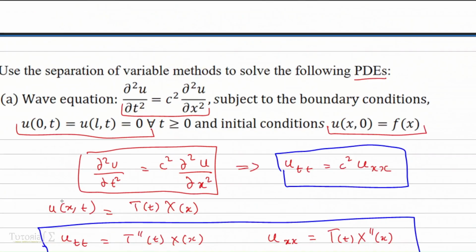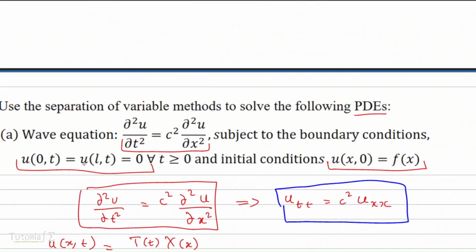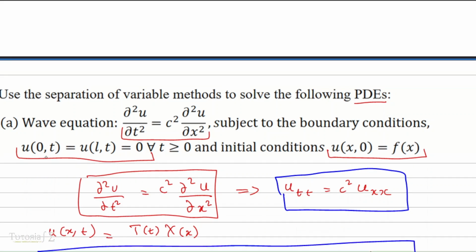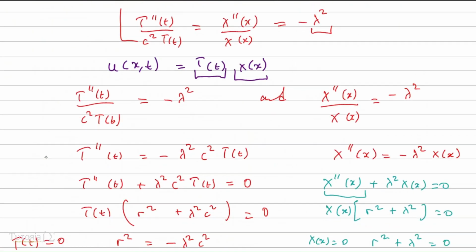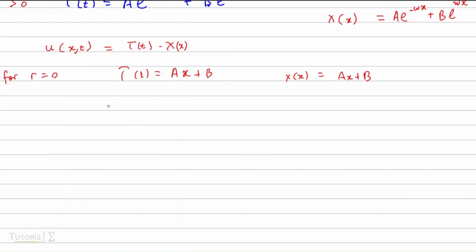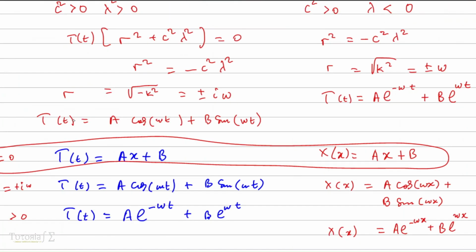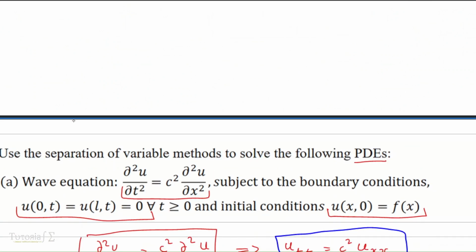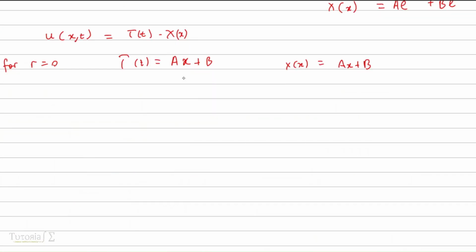We were given these initial conditions here. I want you to say them out for me. So u of 0 is equal to u of L. Yes, just copy the initial conditions. So what are the initial condition and boundary condition?